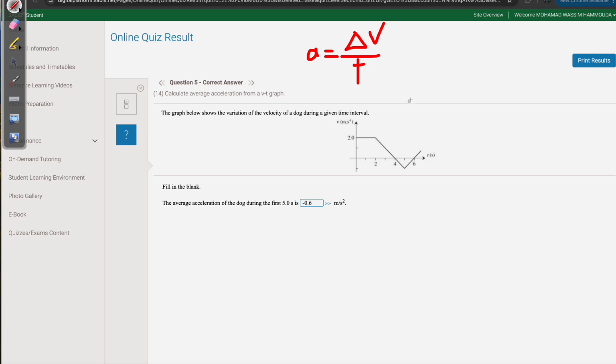So delta v goes from 2 to 1, so it's going to be 1 minus 2 over, during the first 5 seconds.